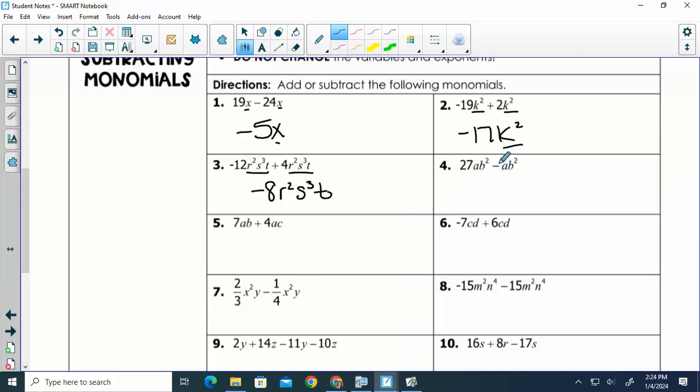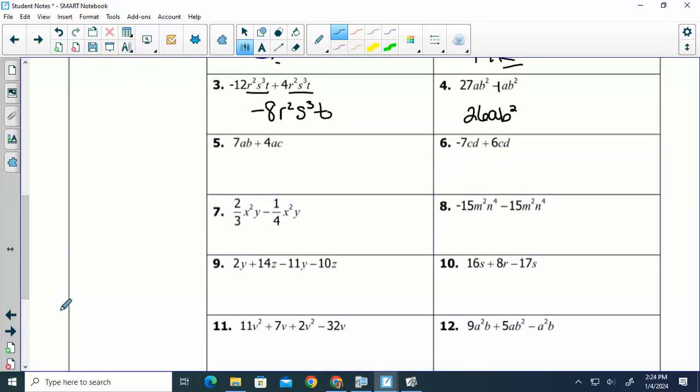If there's no coefficient, we know it's just a 1. So it's just 27 minus 1, or 26. What do you notice about number 5? There's different variables. So are those like terms? No, so you cannot combine them. My answer, the most simplified it gets, it's just the same. So if those variable parts don't match exactly, there is nothing you can do.